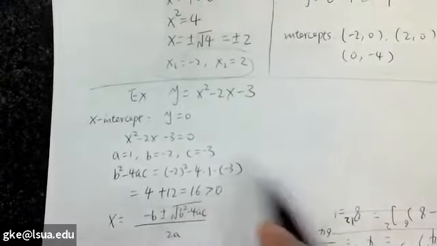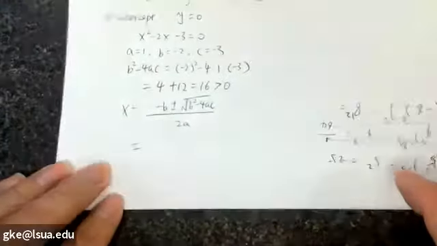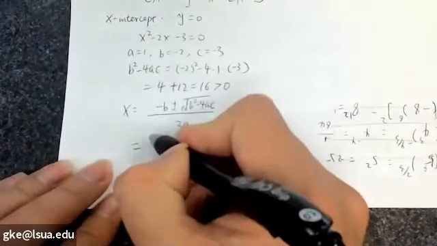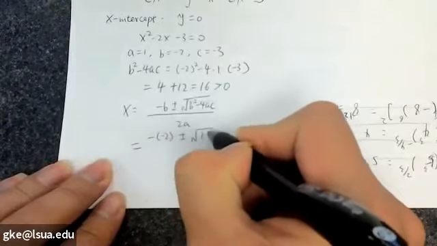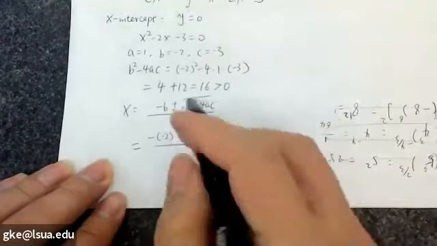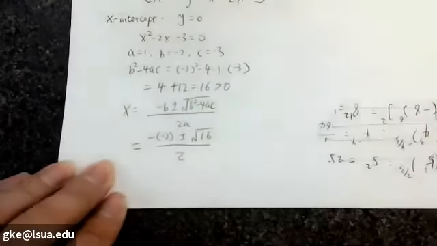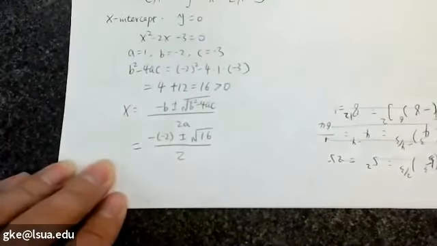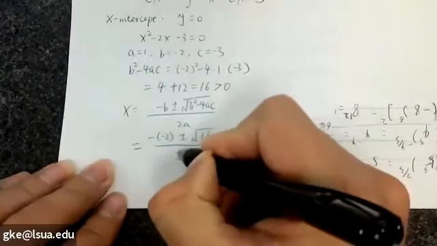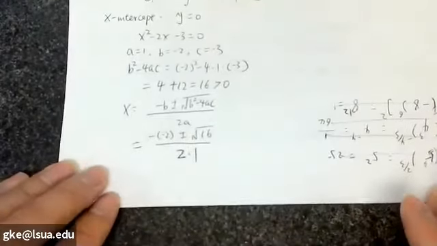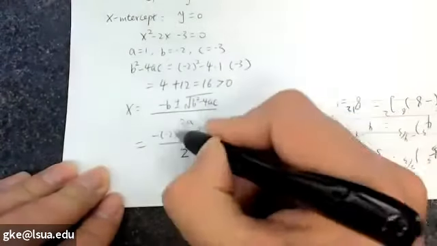And this part: -2 squared is positive, 16, over 2 times a, and a is 1. Right? And that can be simplified.